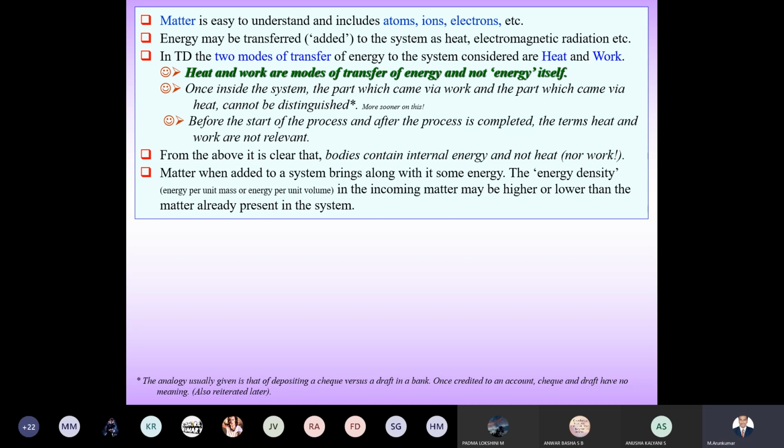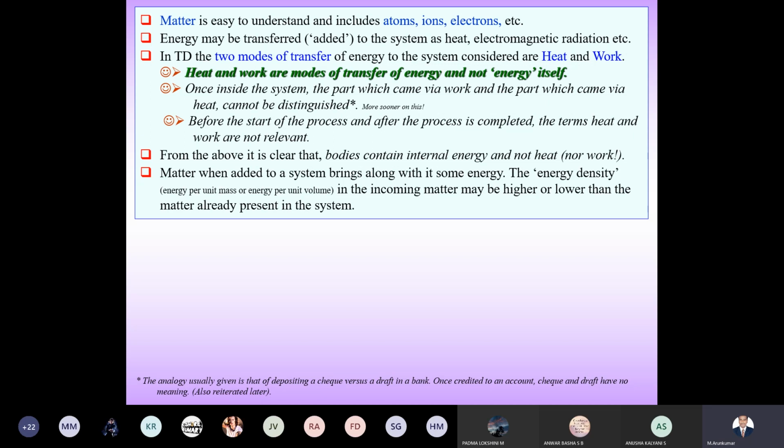Matter is easy to understand and includes atoms, ions, and electrons. A system is considered to be made of matter.